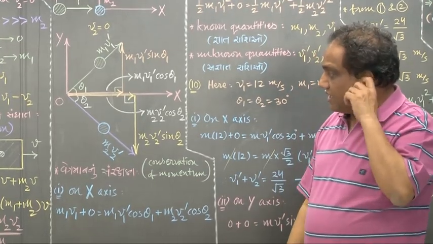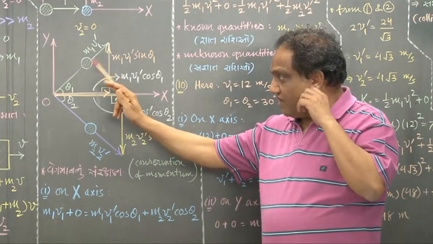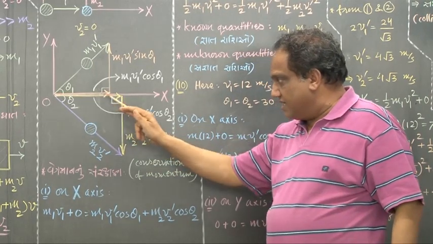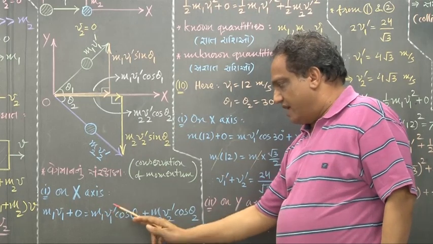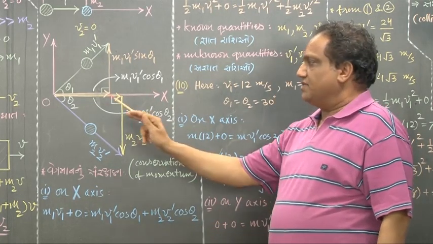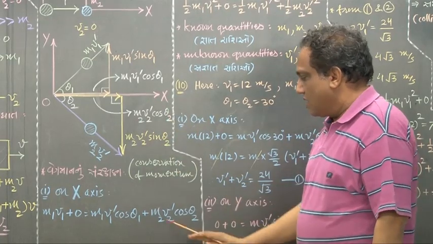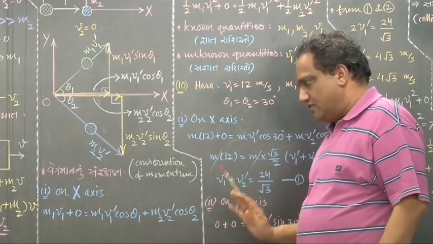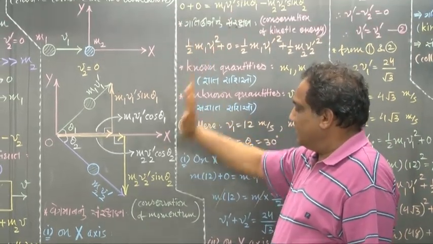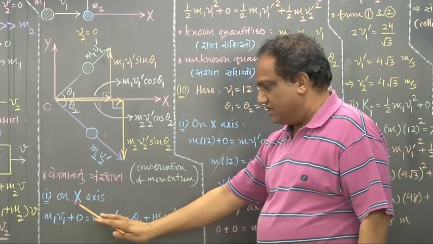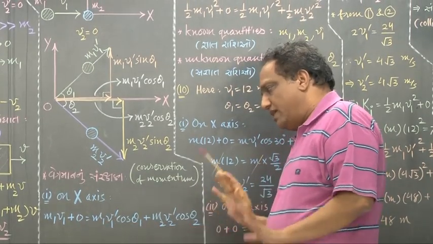Now, in the final condition, the momentum of the first body along positive x-axis is m1 v1 dash cos θ1, and momentum of the second body along positive x-axis is m2 v2 dash cos θ2. Now this m1 v1 plus 0 is the initial momentum on the x-axis, and this is the final momentum on the x-axis.